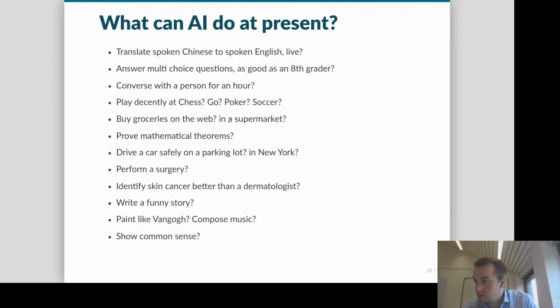No, no, no. No. So indeed, having common sense in AI systems, there is one yes.